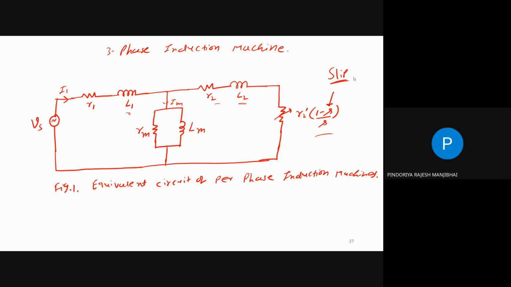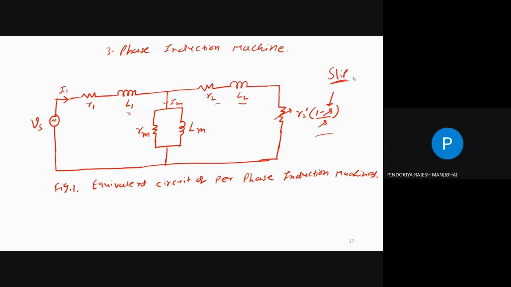But in the case of the induction machine, we are supplying only the stator. We are not applying the supply voltage to the rotor part. So the stator magnetic flux and the rotor magnetic flux are not rotating equally. So that's why slip will be generated, correct? So the stator magnetic flux is ahead of the rotor magnetic field.